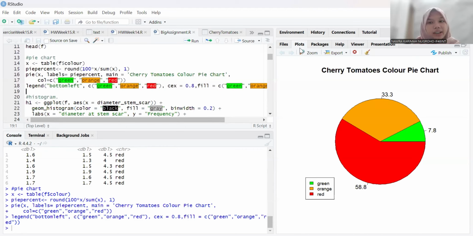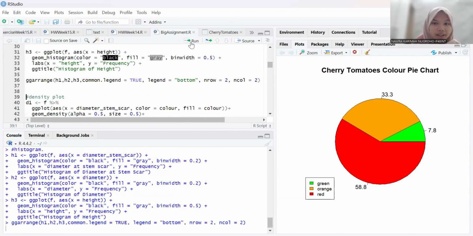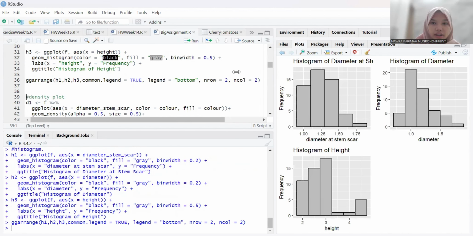And from this pie chart, it can be seen that the red tomatoes covered almost 60% of the entire population from the dataset, while the green tomatoes have the fewest percentage with 7.8%.